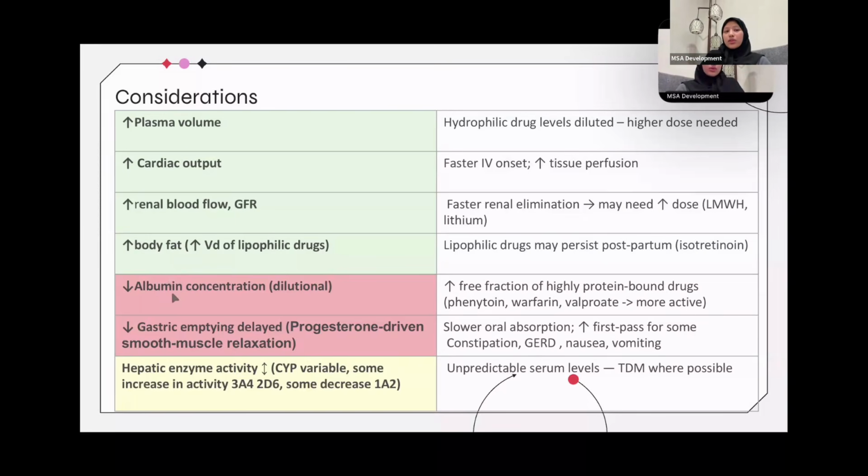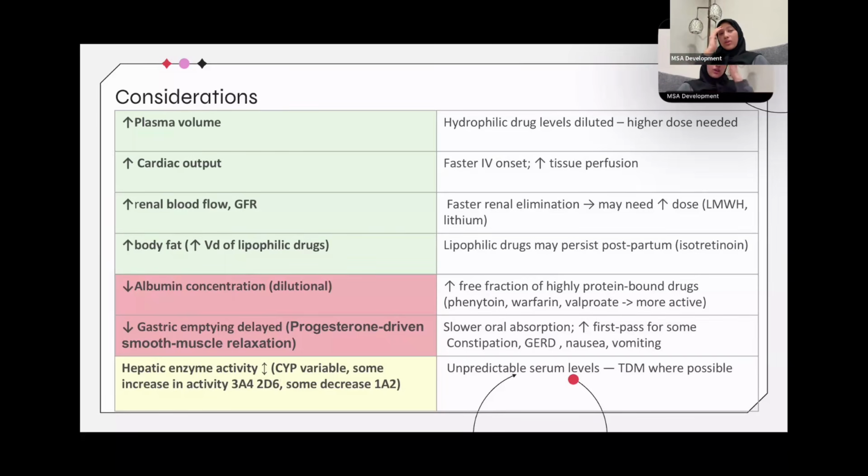So less albumin because of dilution of the blood, and less gastric emptying, so they empty slower because the progesterone is relaxing all the muscles including the stomach. What about the enzyme levels in the liver? That is variable, some increase, some decrease. So you have to be very careful when prescribing drugs and knowing what is safe and what's not.